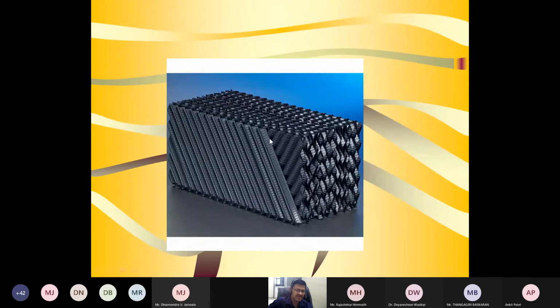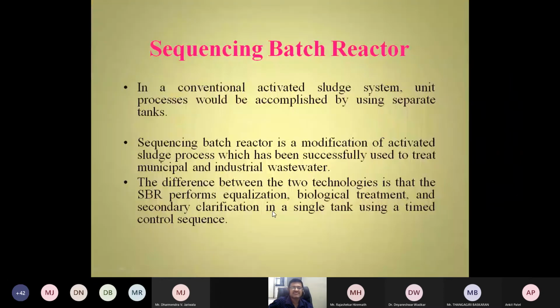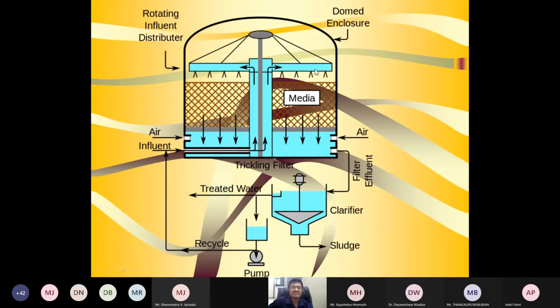So the wastewater is going down, the bacteria are treating it, treatment is done, and then the treated water goes downwards, like you can see here. Whatever bacteria are attached to this media consume the organic matter and convert it to CO2 and H2O, and then it comes down and goes to the clarifier, the sedimentation tank.